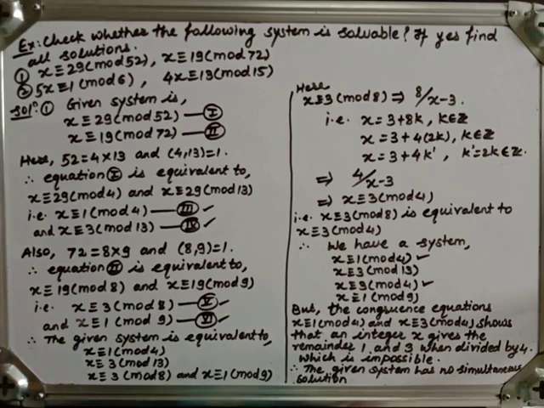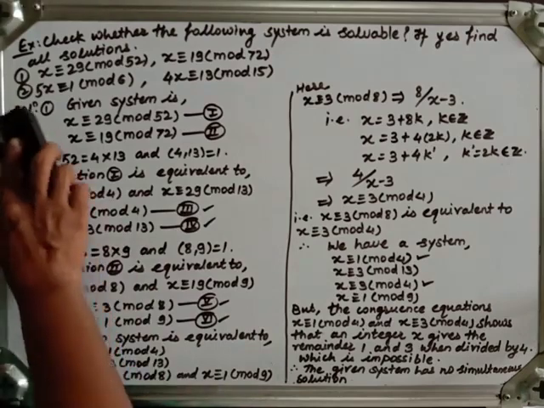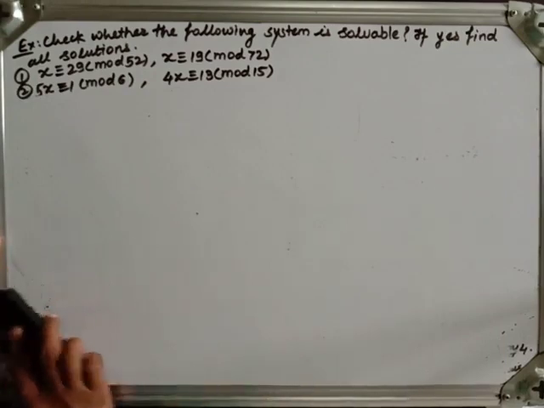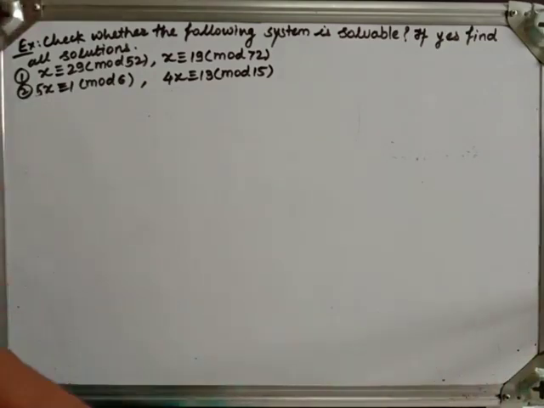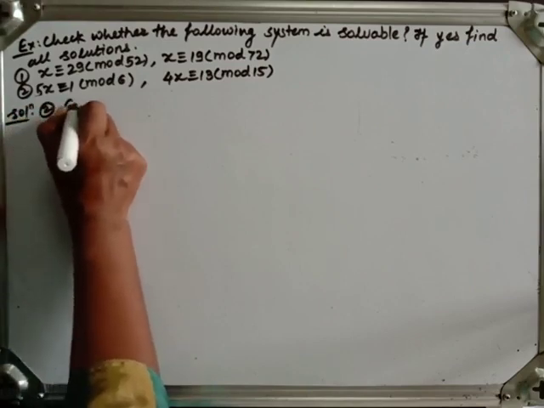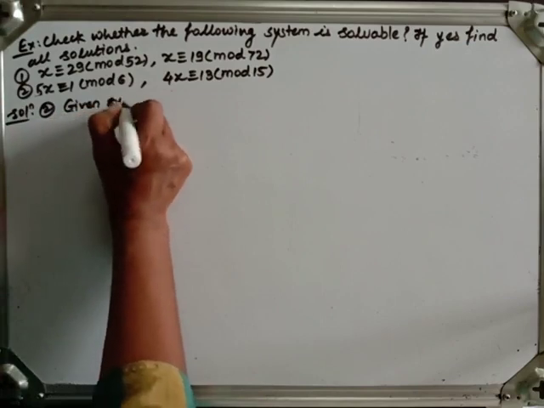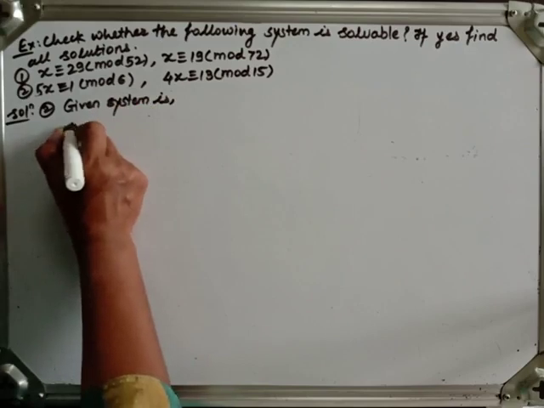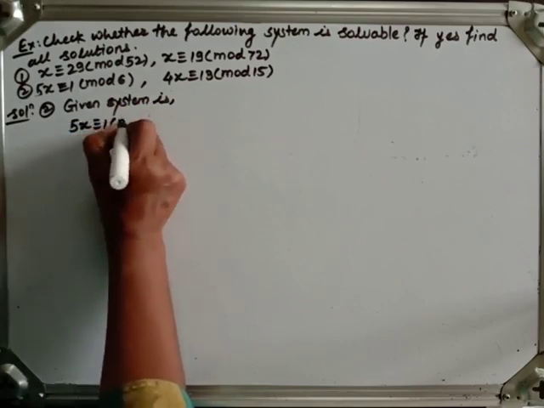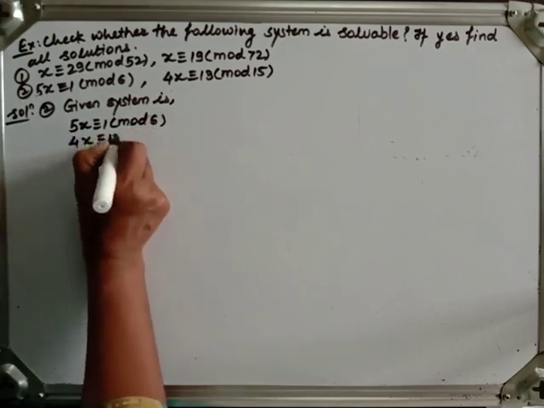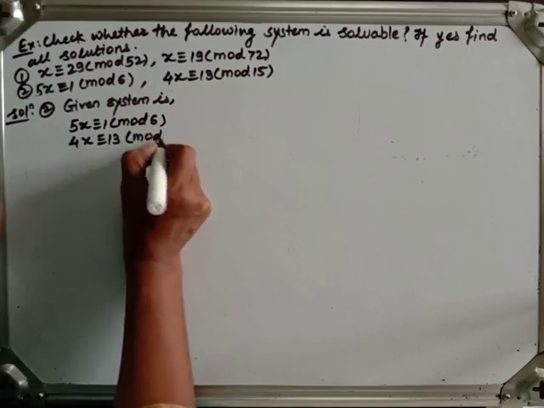Now let's solve the second one. Second, given system is 5x congruent to 1 modulo 6 and 4x congruent to 13 modulo 15.